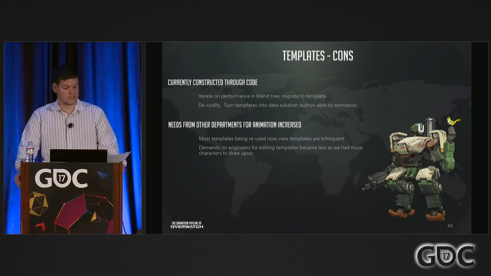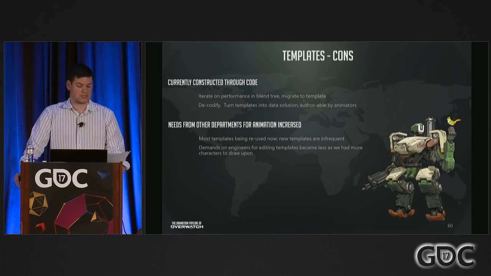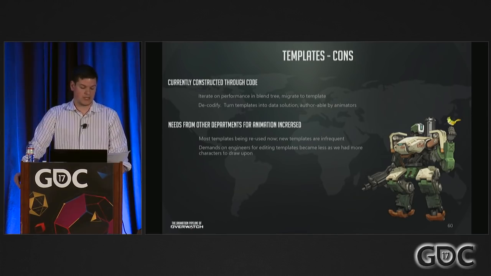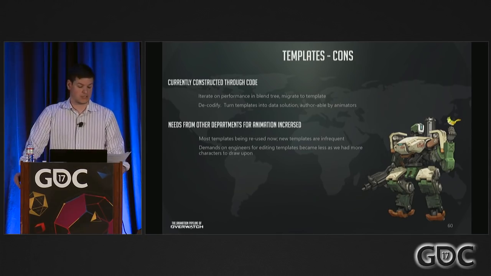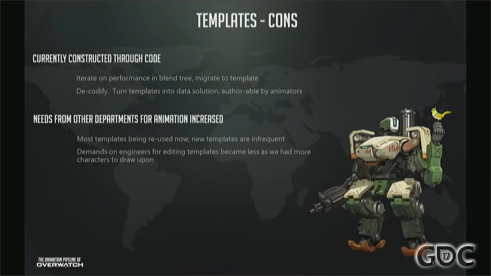After having so many characters done, we're at a point where template adjustment demands on the engineers are becoming less. Issues that arise are generally priority issues, animations interrupting each other when they shouldn't, and adjustments based on any polish changes. Animators are able to support themselves now, having gained more experience with the system. However, we still do deal with bugs like everybody else, and are always looking for ways to improve each performance and how they interact with each other.